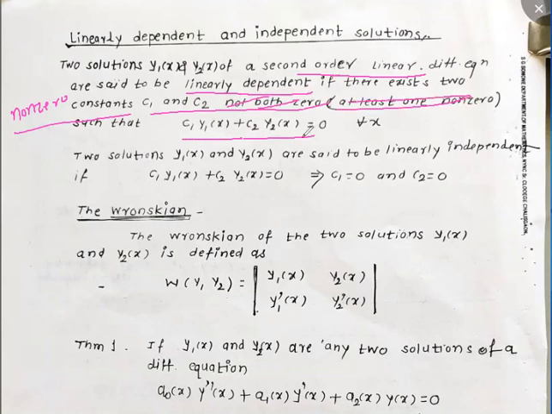The sum is 0. Then in this case we say that the two solutions are linearly dependent.